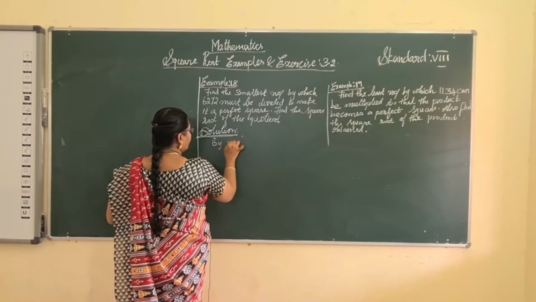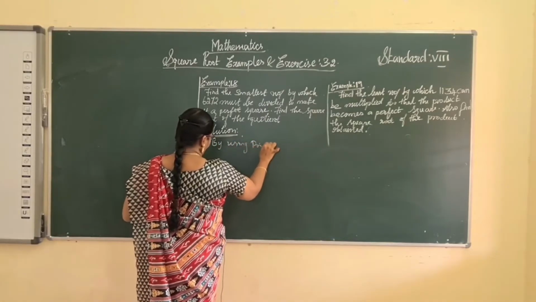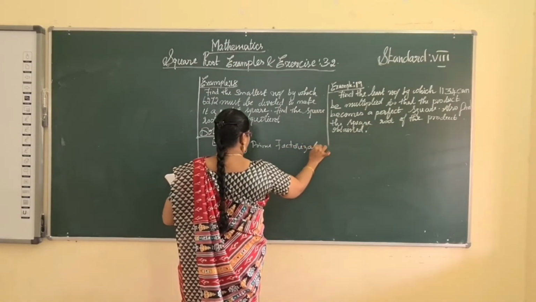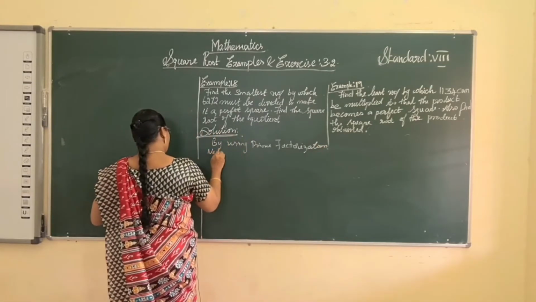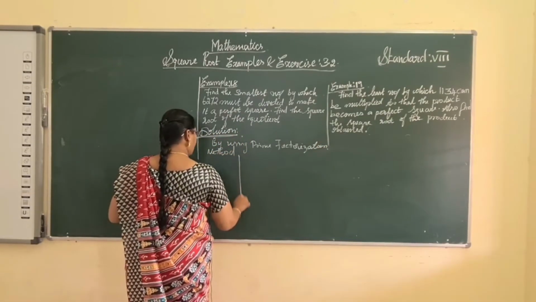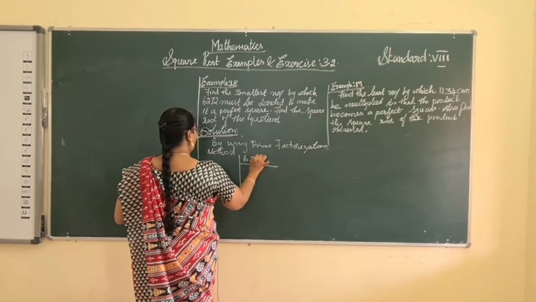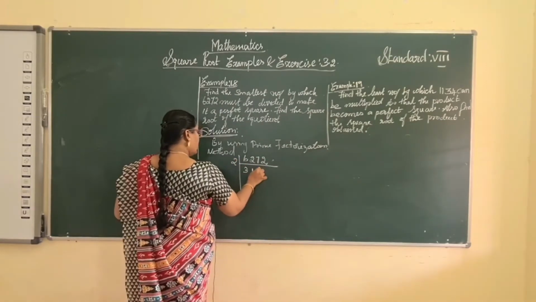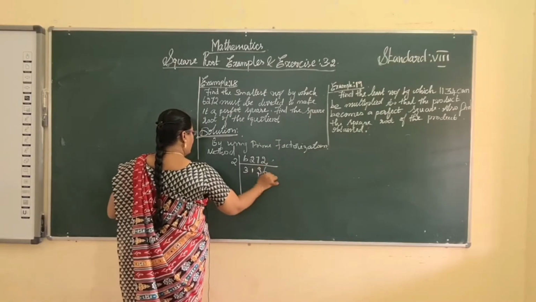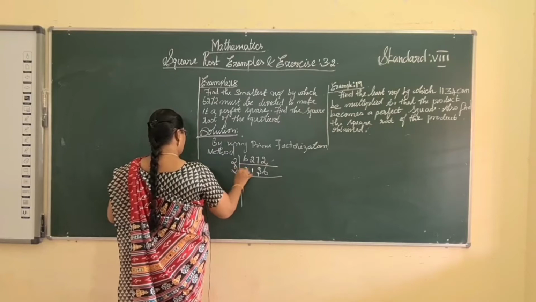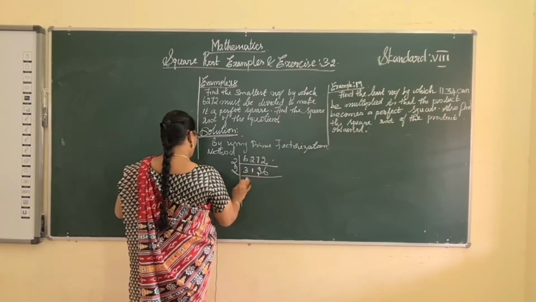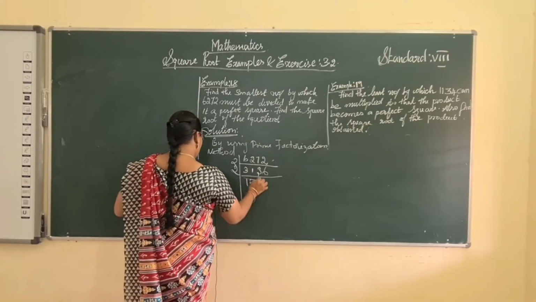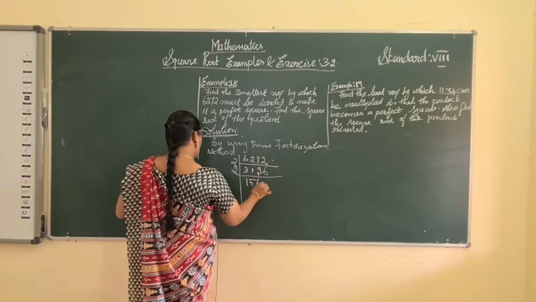So by using the prime factorization method, 6272. Dividing by 2: 2 threes are 6, 2 ones are 2, 2 threes are 6, remaining 1, 6. Again the 2 table: 2 ones are 2, 2 fives are 10, 2 sixes are 12, remaining 16, so 8.